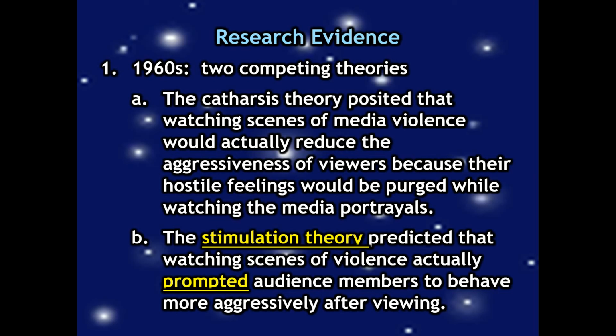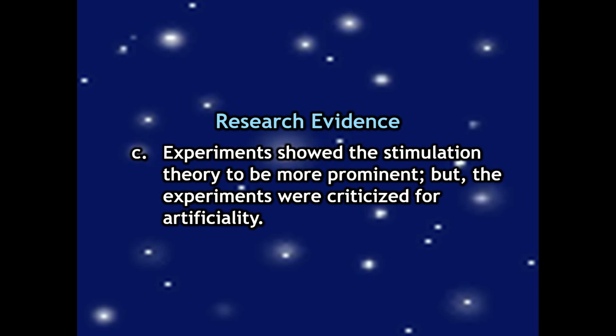The contrary view is that of the stimulation theory. It predicted that watching scenes of violence actually promoted audience members to behave more aggressively after the viewing of such content. Experiments showed the stimulation theory to be more prominent, but the experiments were criticized for artificiality.